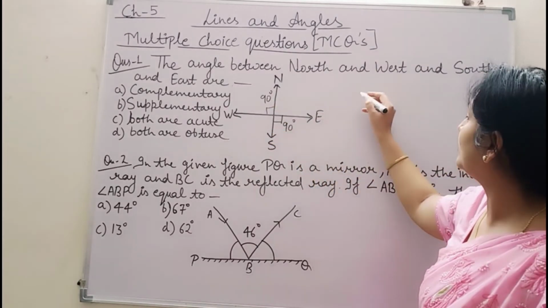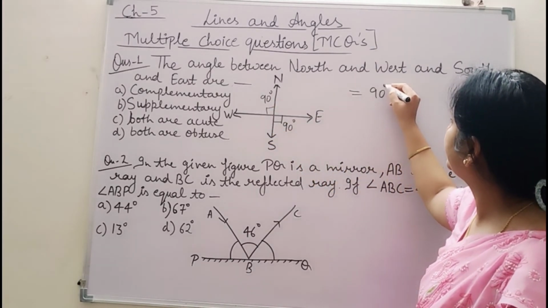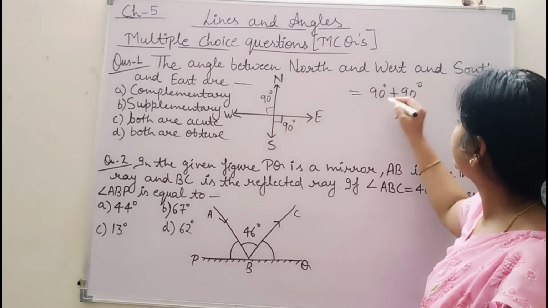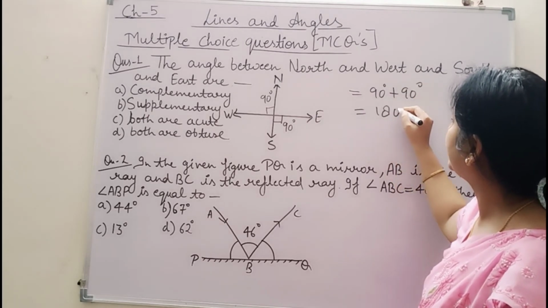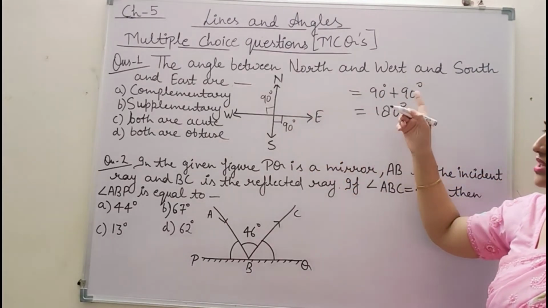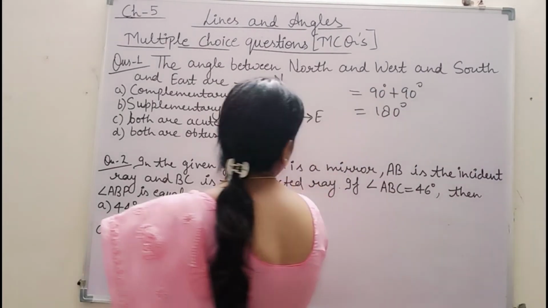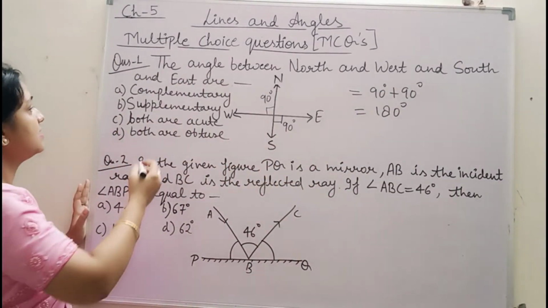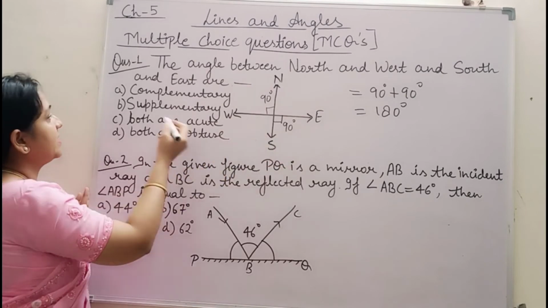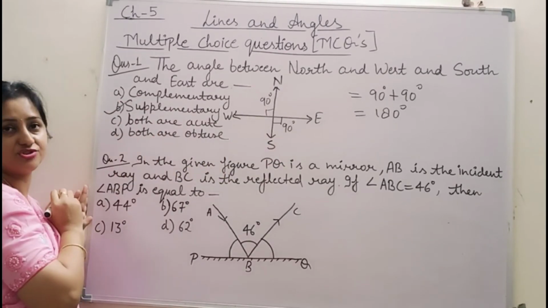So the sum of both angles, 90 degree plus 90 degree, is equal to 180 degree. So the angle between these directions are supplementary, because their sum is 180 degree.